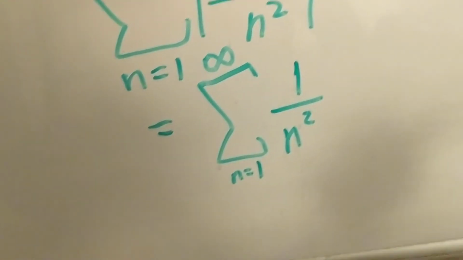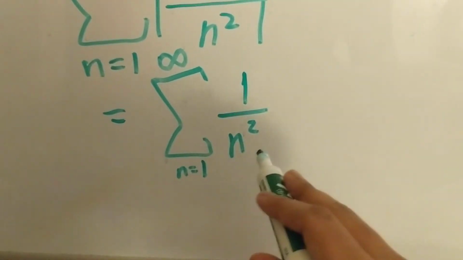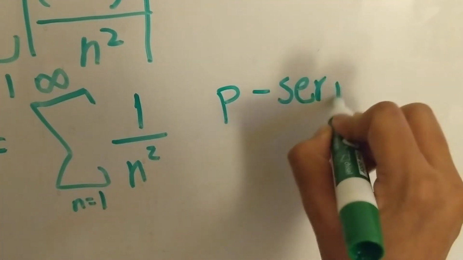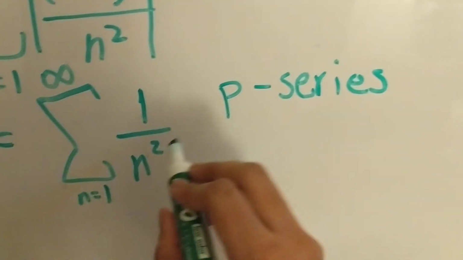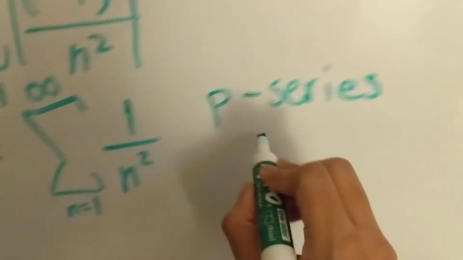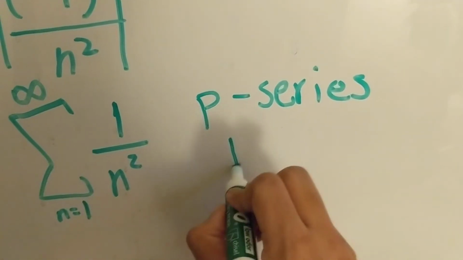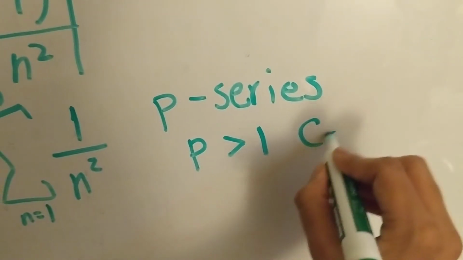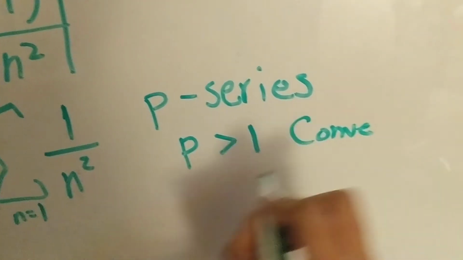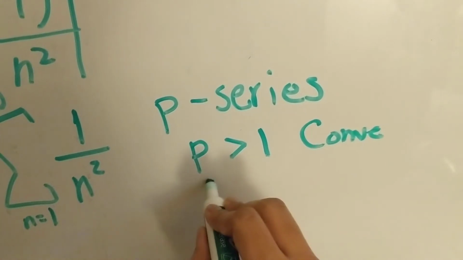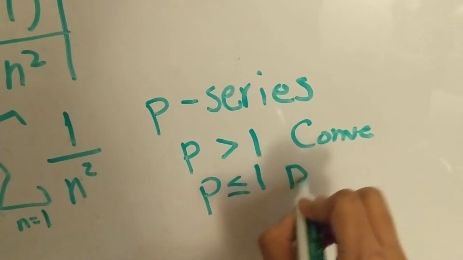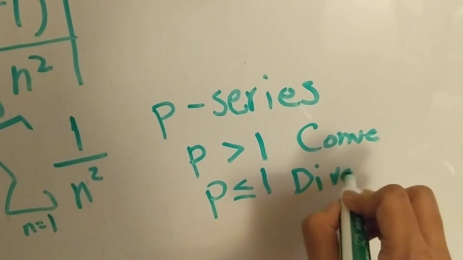This is a form of what's called a p-series. In a p-series, we look at the exponent, which we call the variable p. If p is greater than 1, we know that it is convergent. And if p is less than or equal to 1, we know it is divergent.